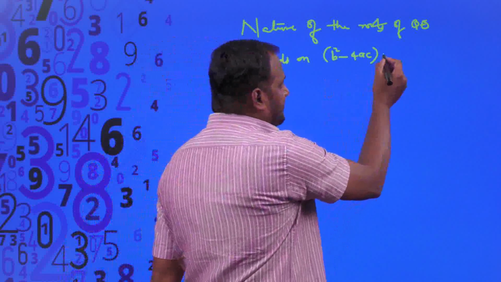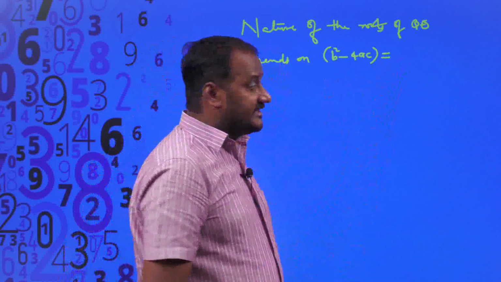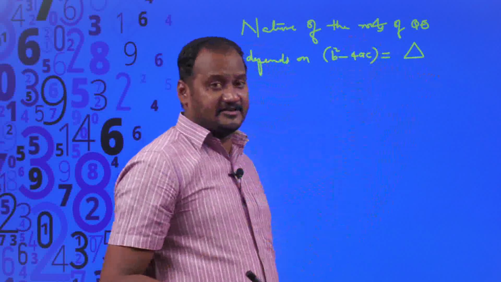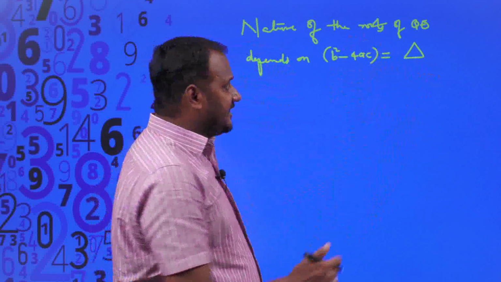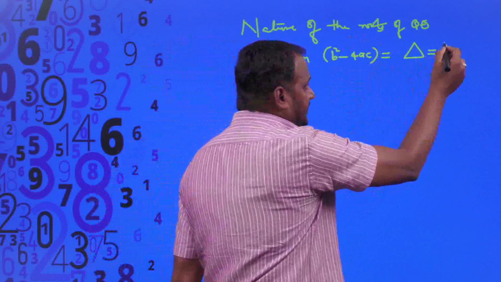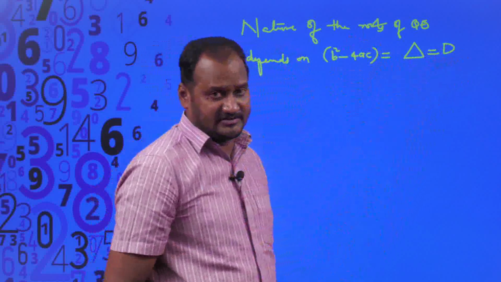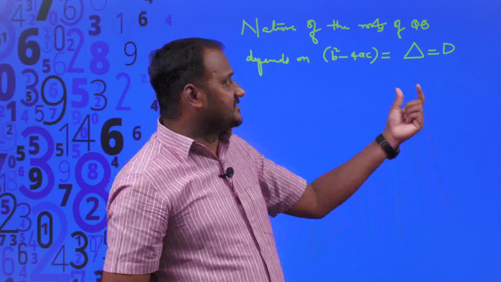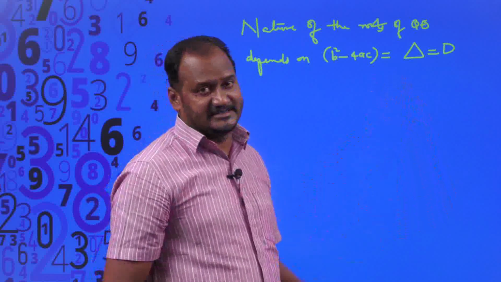The discriminant has a special indication, that is called delta, and sometimes you can indicate it by using a capital letter D also. So D stands for discriminant and the special symbol for discriminant is delta.